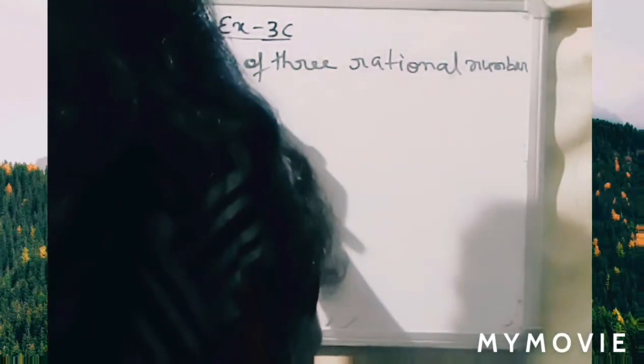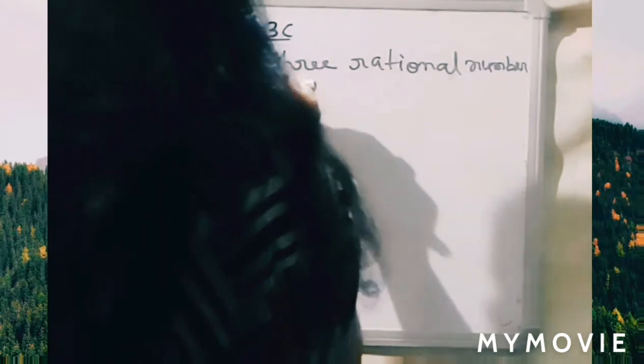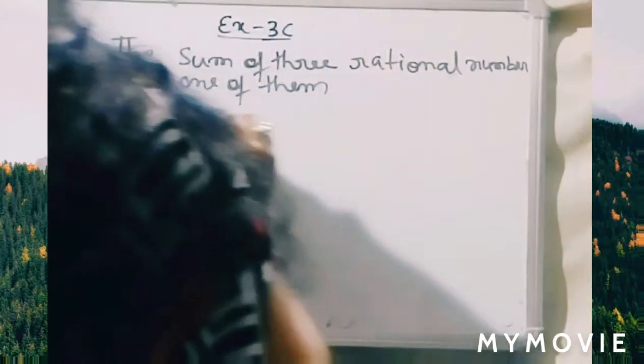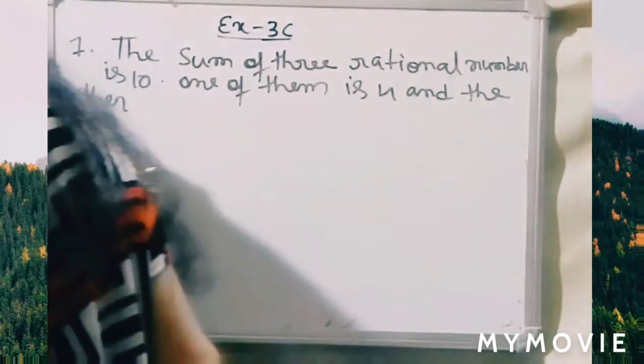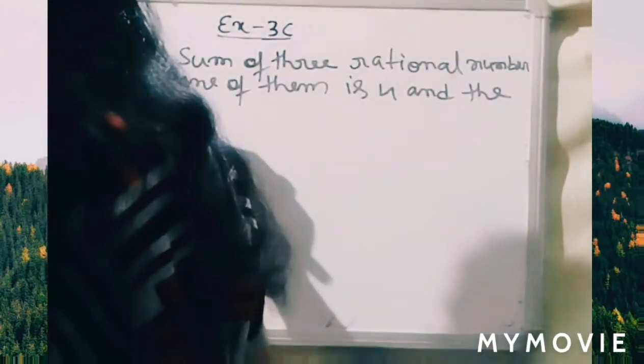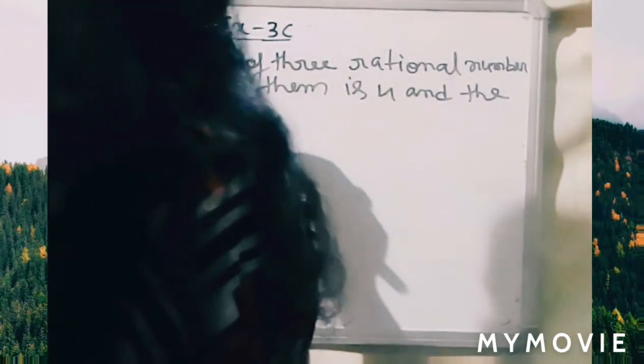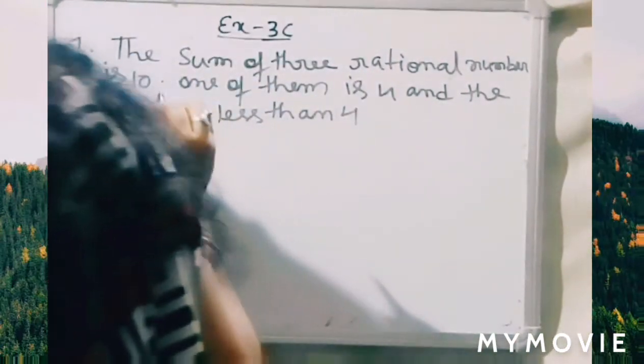One of them is 4 and the other is 2 by 3 less than 4. Find the third number.